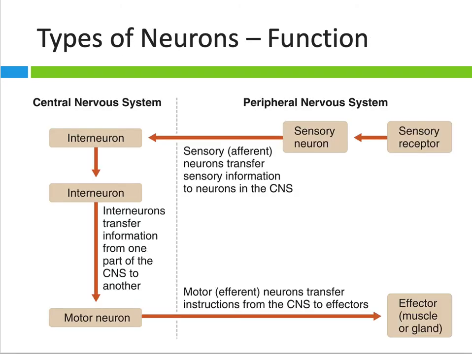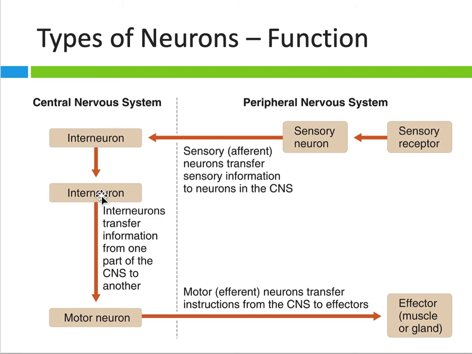So just a quick summary. These are the types of neurons based on their function as plays out kind of as a system or a unit. So you have sensory receptors or the sensory dendrites of an afferent neuron. And this impulse, the information, is going to be sent to the interneurons in the central nervous system.